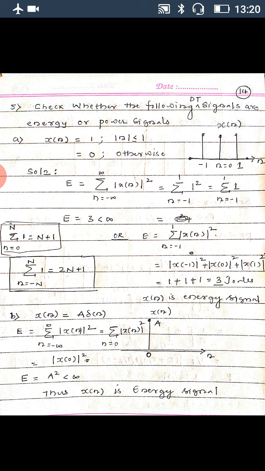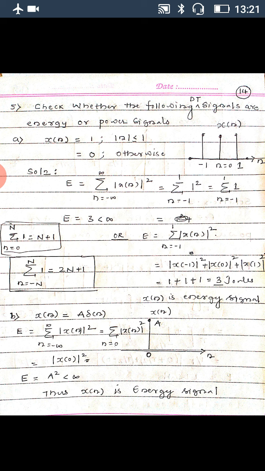There is another method to find its energy, that is E is equal to the summation from n equal to minus 1 to 1 of x of n square. Here you see the sample values at each value of n. x of n is equal to 1 from minus 1 to 1 including 0.